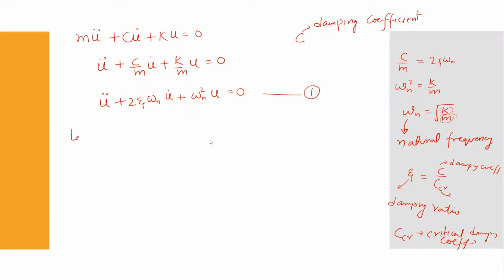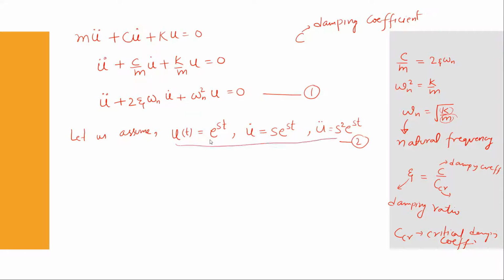So let us assume u of t as e to the power st. Okay, so we know that the first order derivative u dot would be s into e to the power st, and u double dot, the second order differentiation, would be s square e to the power st. Okay, so let's say these three are equation 2.